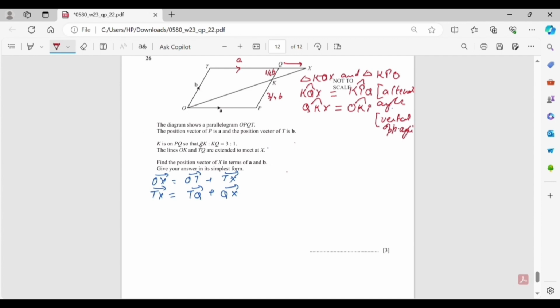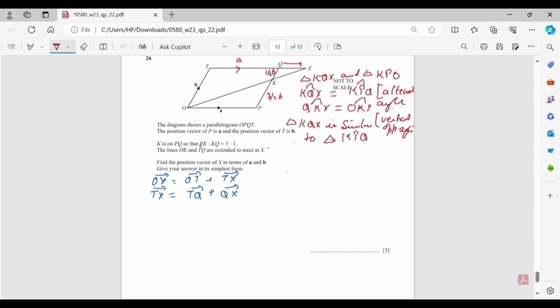So triangle KQX is similar to triangle KPO, and so their lengths will be in proportion. If these two triangles are similar, their corresponding sides will be in proportion, right?